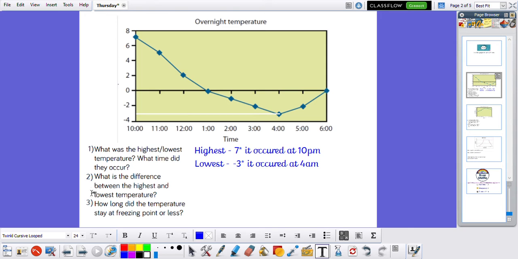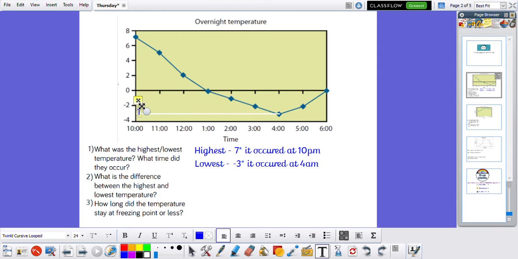Okay, and then the next question said, what is the difference between the highest and the lowest temperature? So because this is a minus number, we can't just subtract them quite as easily, but we've got a number line ready made for us here. So I can start at -3 and I can count up. So from -3 to -2 is 1.